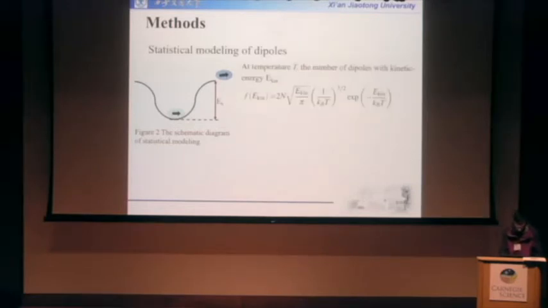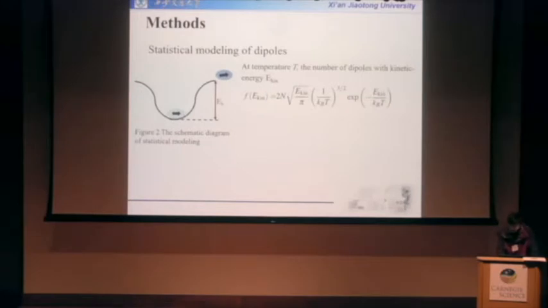Then we come to the statistical modeling of dipoles. The dipoles can be treated as Boltzmann particles. At temperature T, the number of dipoles with a given kinetic energy should follow the Maxwell-Boltzmann distribution. So the number of dipoles is given by this equation.